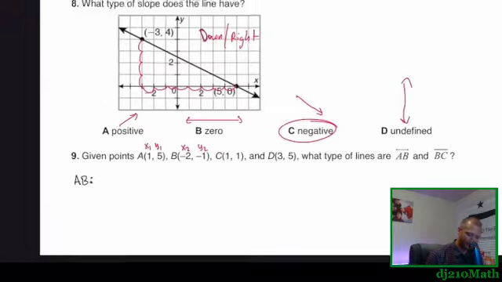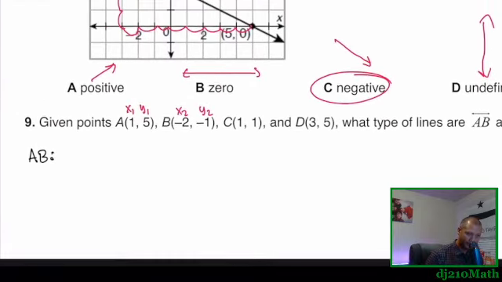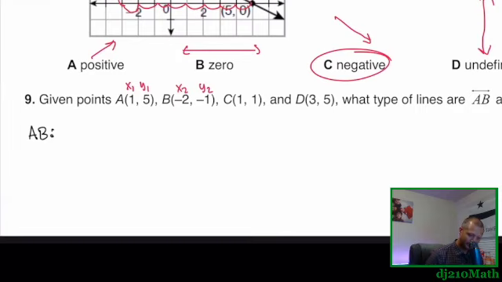Do I need to write it? It's what we've been doing. So y2, -1, minus y1, 5, over x2, so -2, minus x1, which is 1.